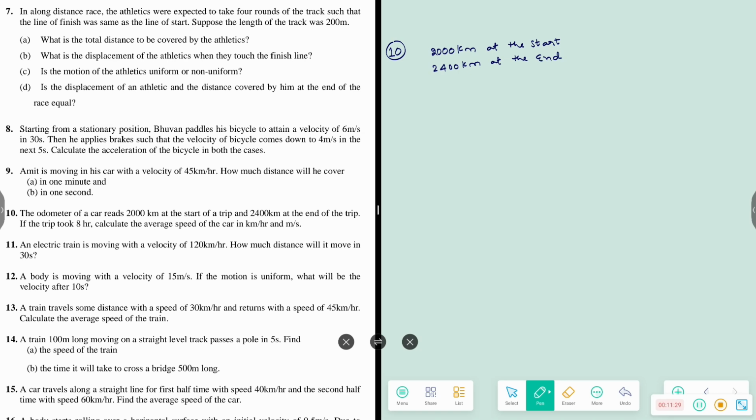Then what is the distance travelled by him? Distance travelled by him is 2400 kilometers minus 2000 kilometers, which is 400 kilometers.